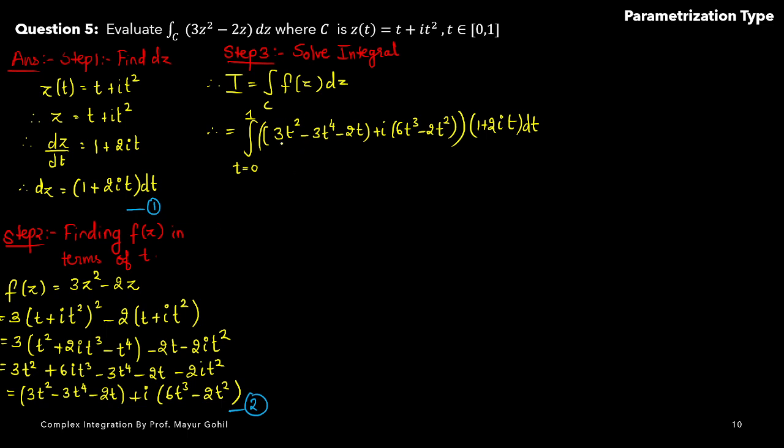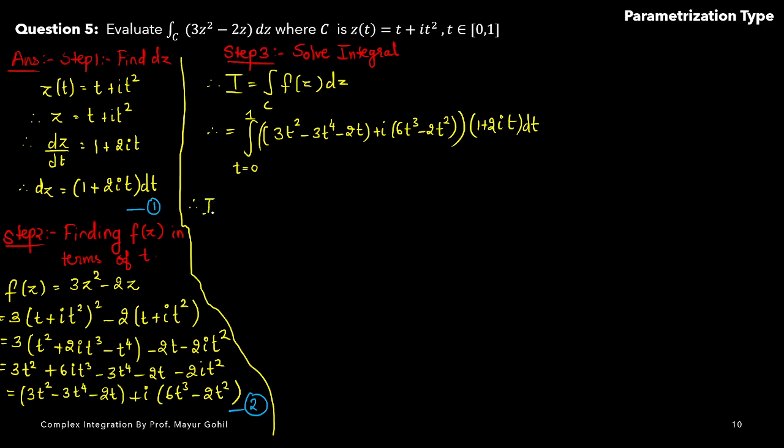Before integration, we will need to simplify the function a bit further, because we can see that there is a multiplication of two complex numbers over here. So let us go for that.